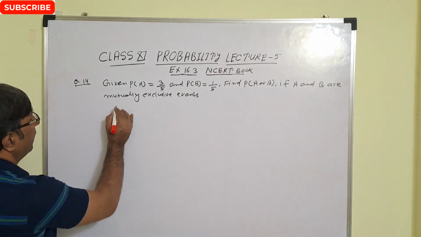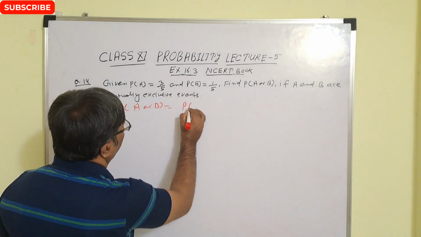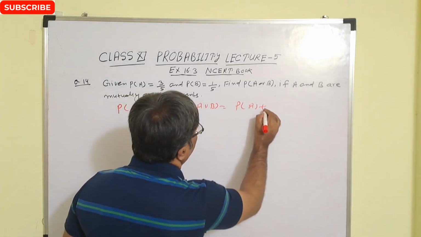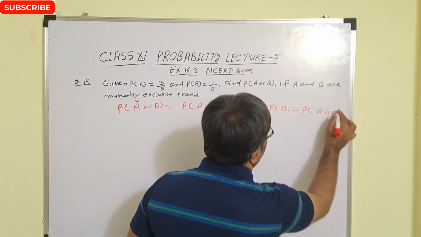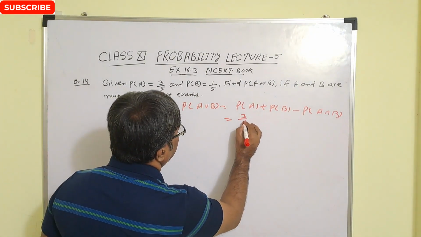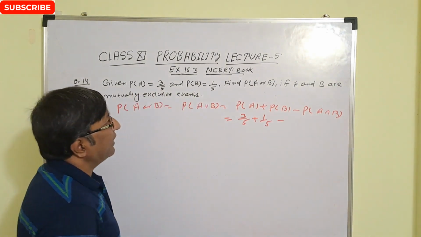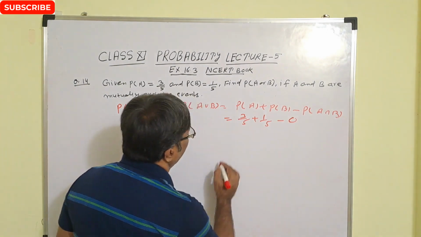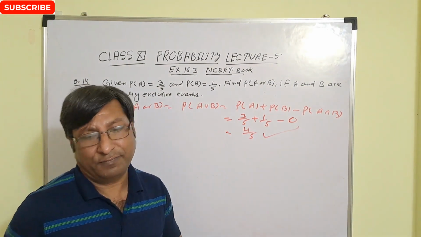So we know probability of A or B equals probability of A union B, that is probability of A plus probability of B minus probability of A intersection B. Probability of A is given 3/5, B is given 1/5, and A and B are mutually exclusive. So A intersection B will be what? 0. So our answer is what? 4/5, the correct answer.